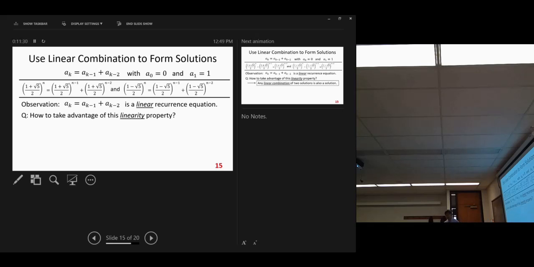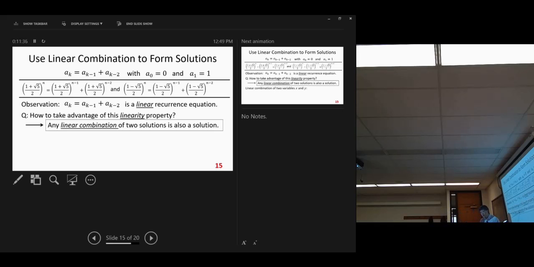Linear combination. Do you know this concept? We need that concept. I hope some of you took linear algebra, 2450?